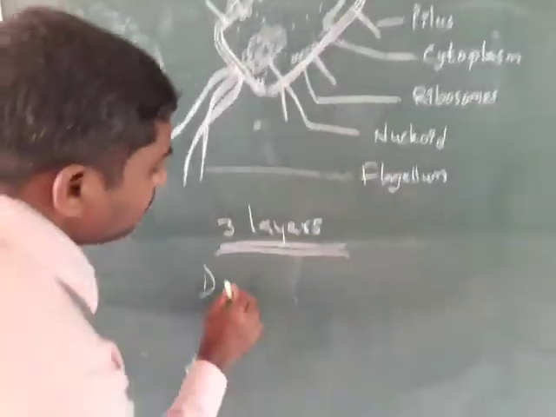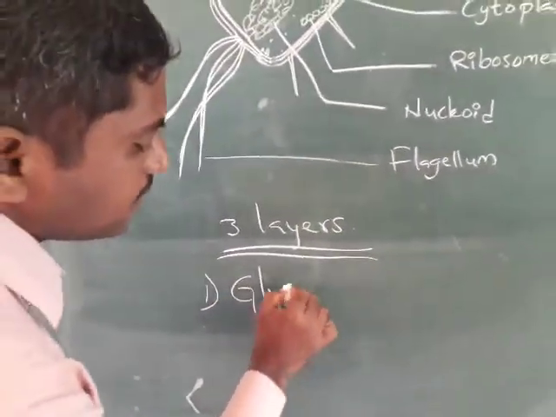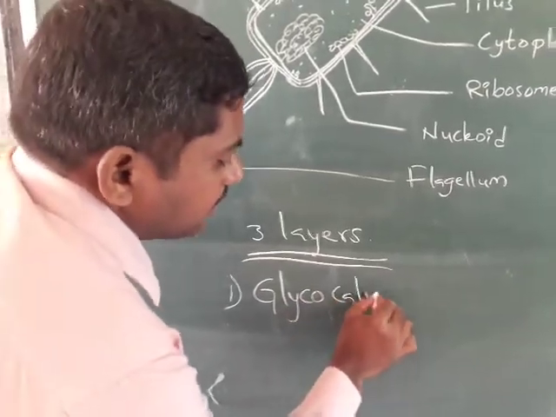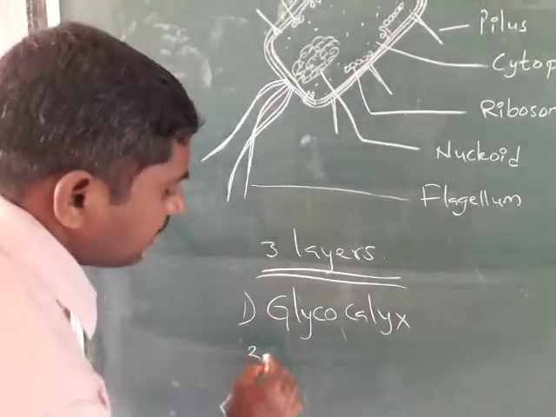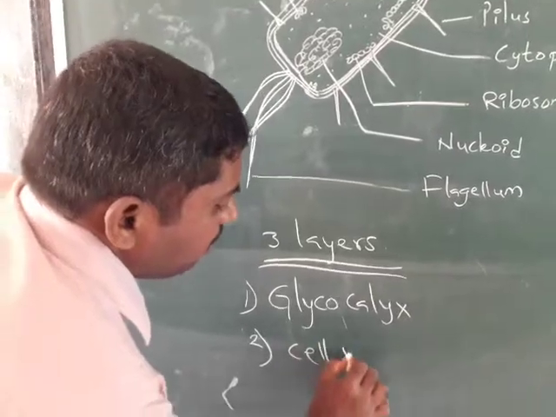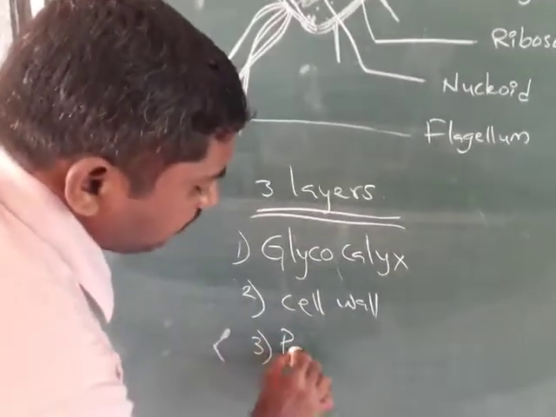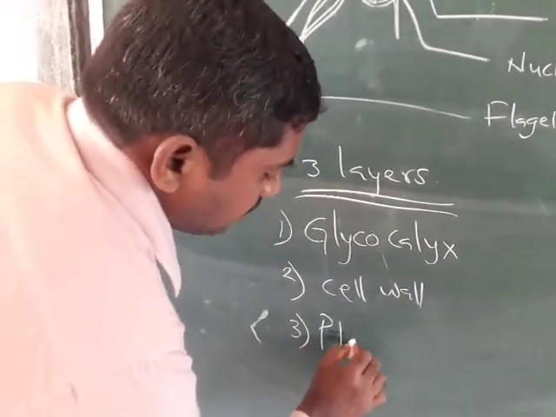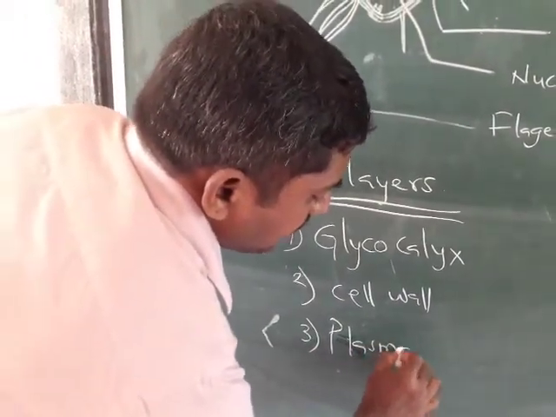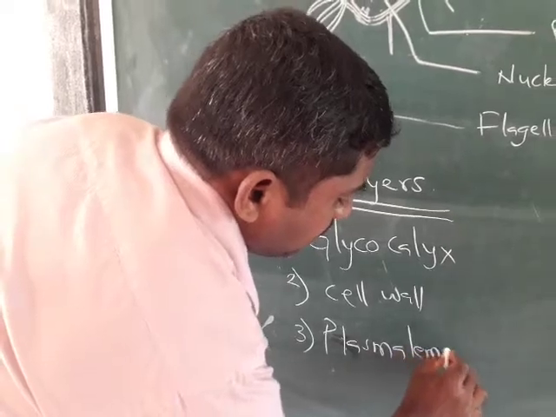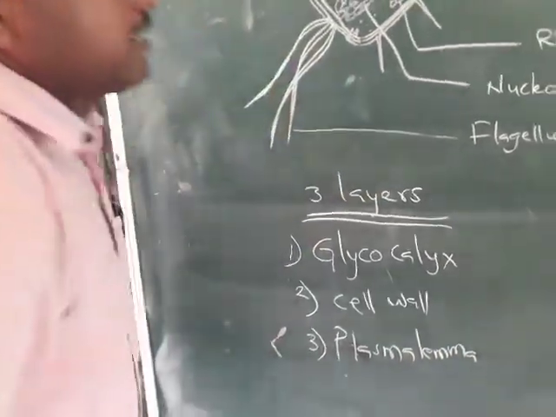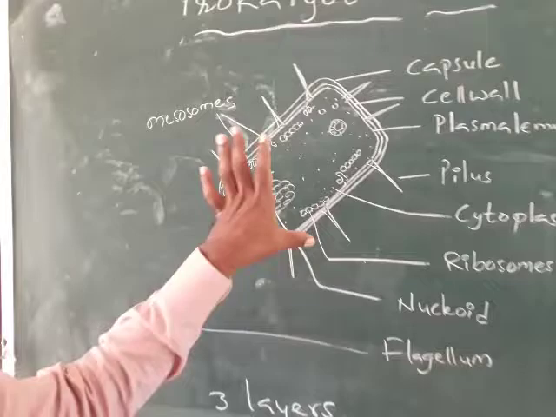One is the glycocalyx. The second one is the cell wall. And the third one is the plasmalemma or plasma membrane.